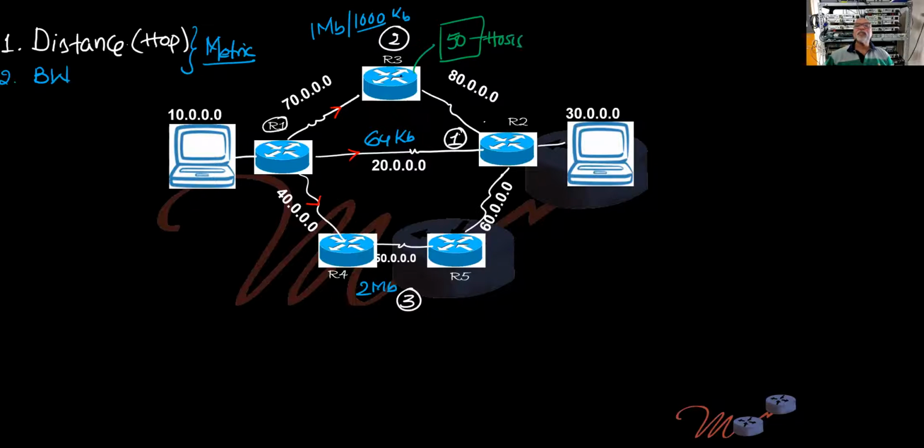That means this 1 Mbps link is used by 50 hosts generally. Somewhere here, there is a network connected here and here. This has 500 hosts, this has 600 hosts, let's say. So that means so many hosts are using this link.